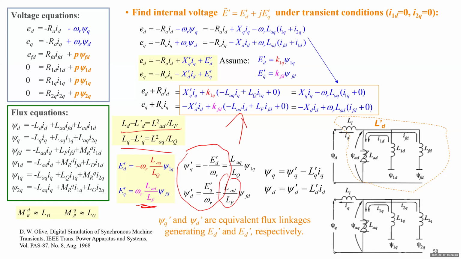Then you can use this model, and the E single prime will be important to you. Dynamics falling in that range will have a relatively constant voltage inside of the generator, which is just E single prime. The projection to the D axis is ED single prime, and to the Q axis it is EQ single prime. That is the meaning.